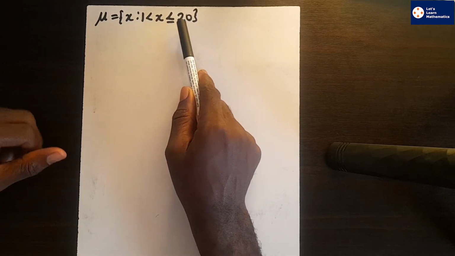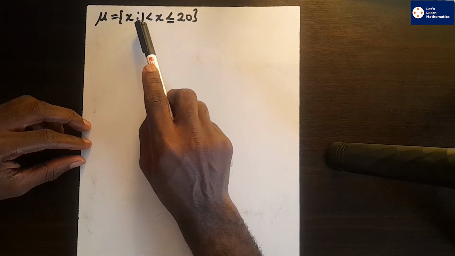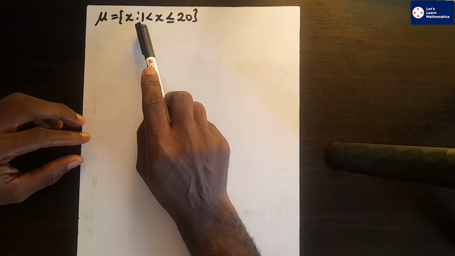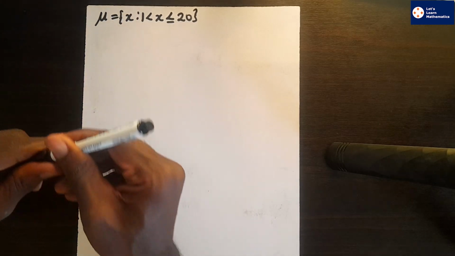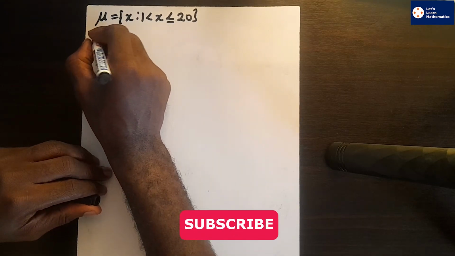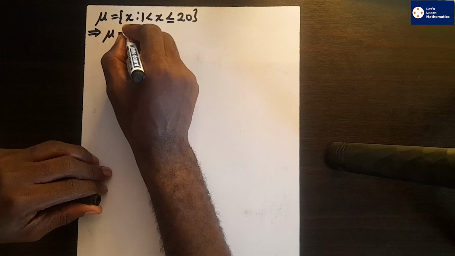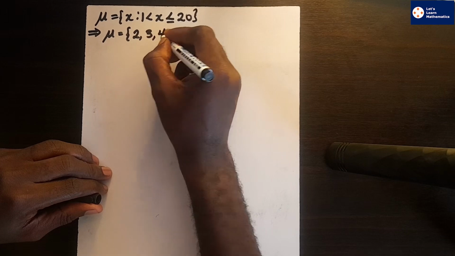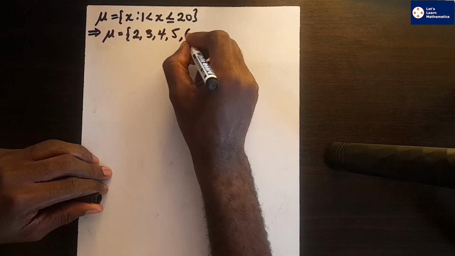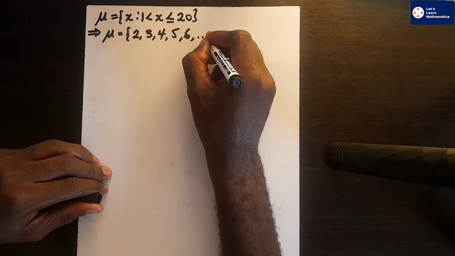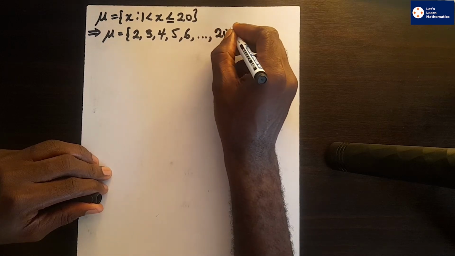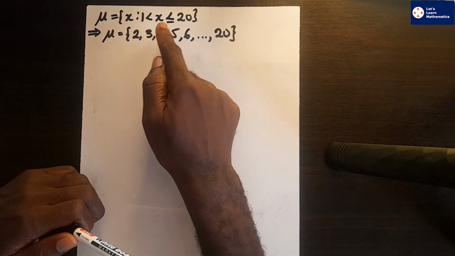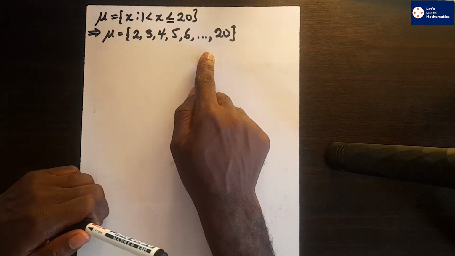We leave out 1, because 1 is less than X, so it starts from 2. The universal set contains 2, 3, 4, 5, 6, and continues till 20. 20 is part of it because X is less or equal to 20.